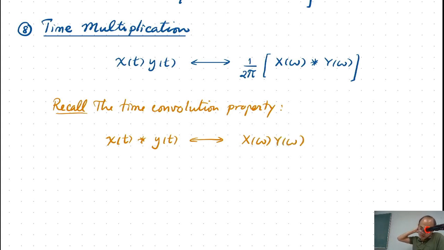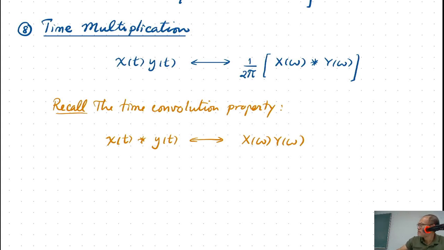So when you look at this, you see the similarity between these two properties. In other words, for Fourier transforms, if one domain is a product of two signals, the other domain would be the convolution of the transforms of the two signals.